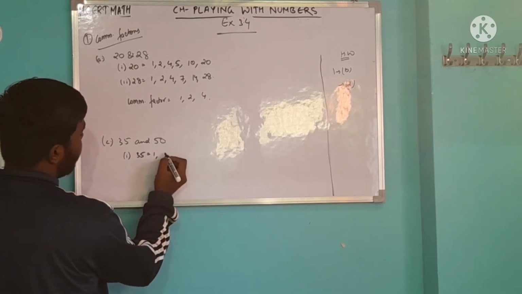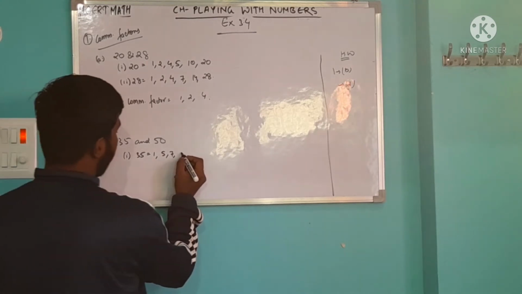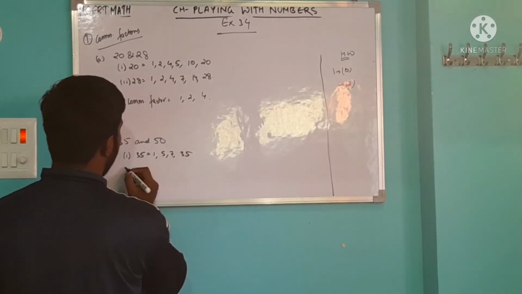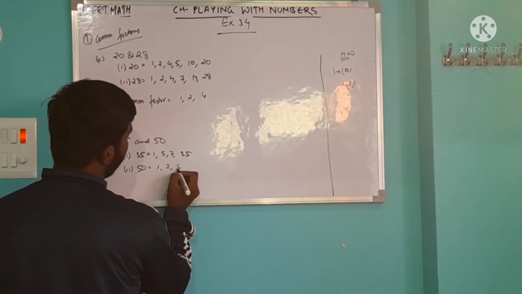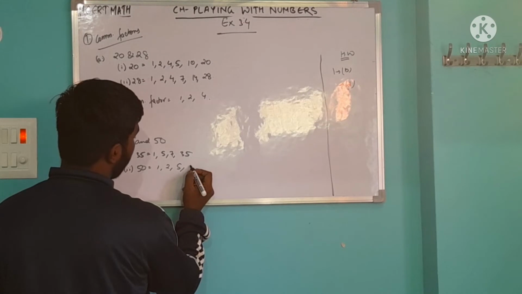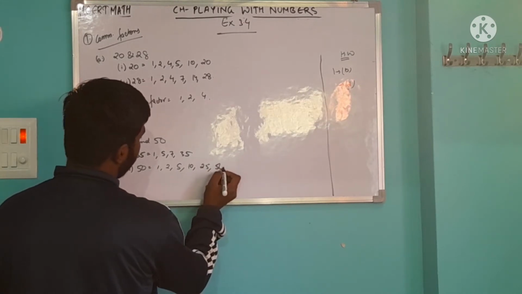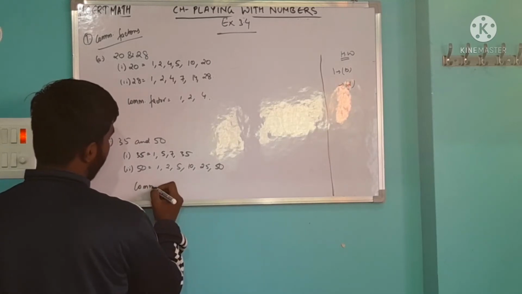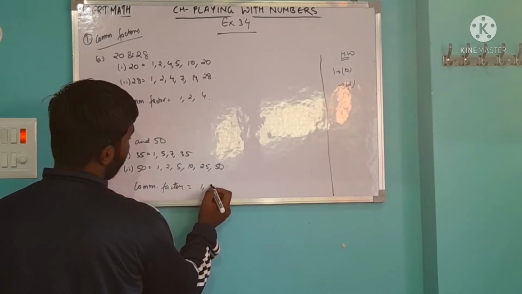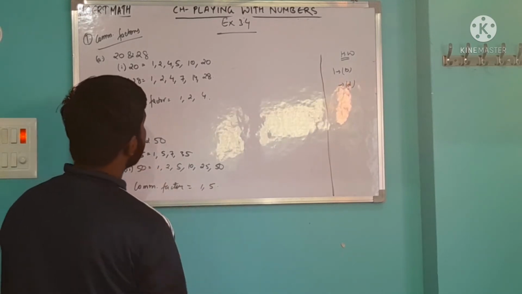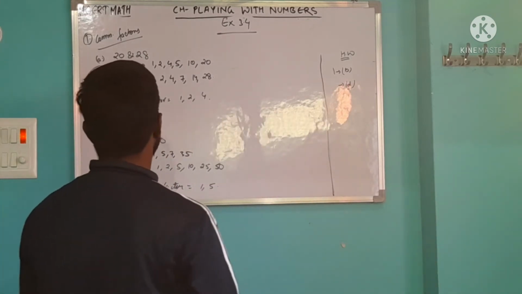This will be 1, 5, 7 and 35 itself. For 50 we have 1, 2, 5, 10, 25 and 50 itself. So the common factors for 35 and 50 will be 1 and 5 only. So this is all about our first question, in which we need to find the common factors of these numbers.